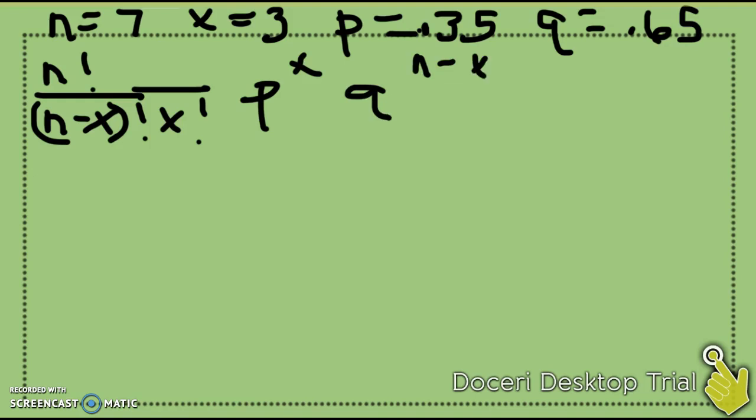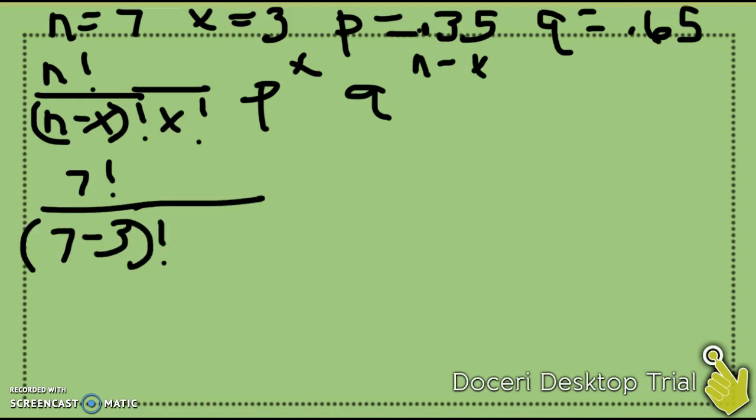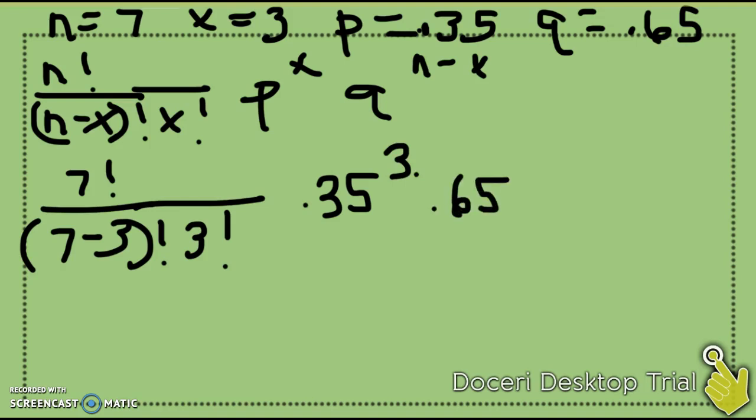So we know that n is 7, and then we would do 7 minus, and x is 3 in part A. And the probability of success is 0.35, and we want x to be 3. And then the probability of Q, or the failure, is 0.65.